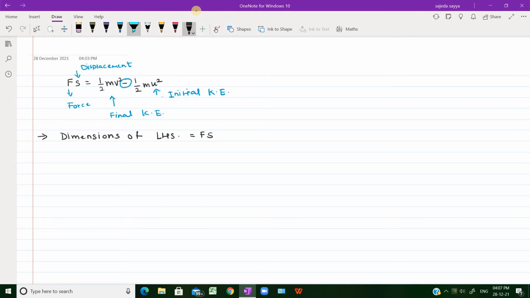We all know the dimensions of these terms, so let us directly write it. Force has dimensions M^1 L^1 T^-2, into displacement L^1.